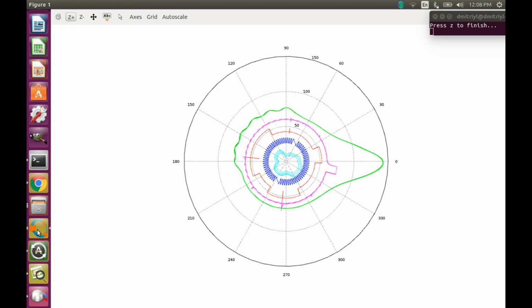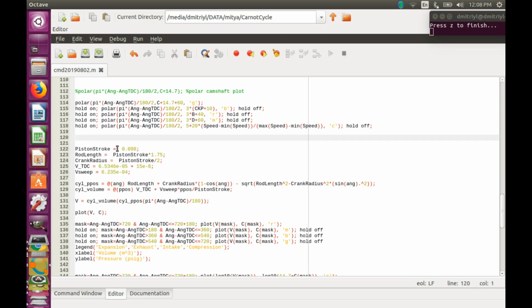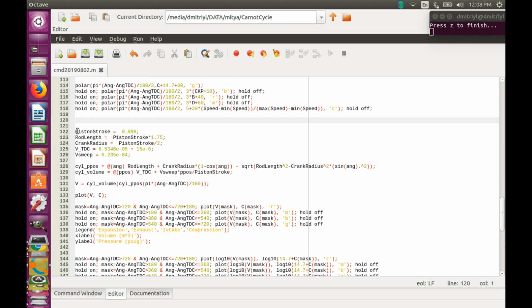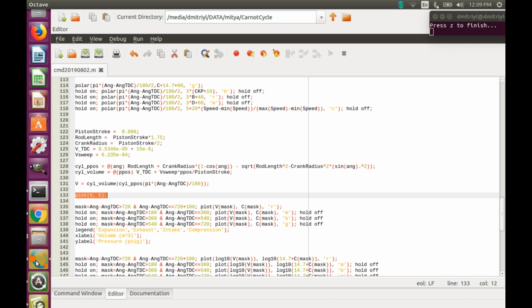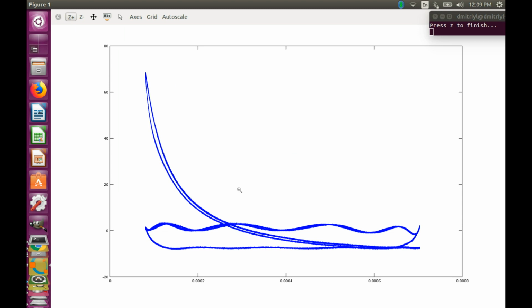So let's do just that. So here I define the necessary values and functions, and then I can identify the volume in the cylinder. When I plot those values, I get this interesting graph.